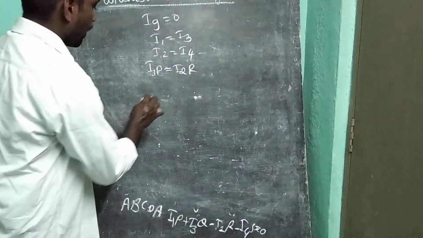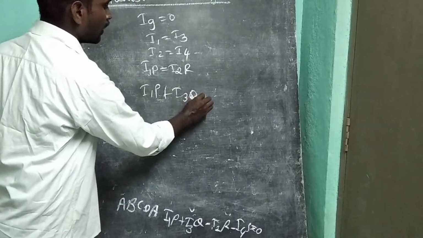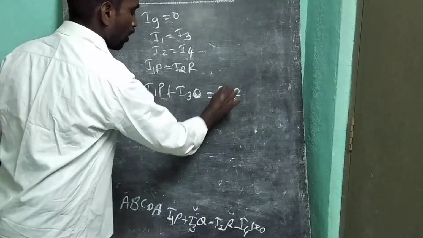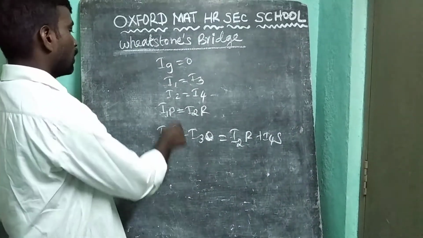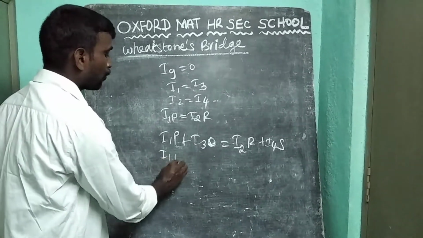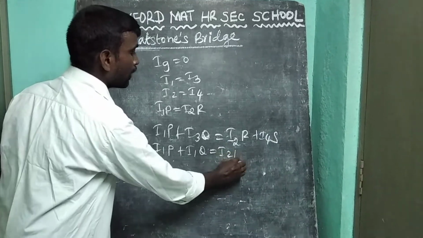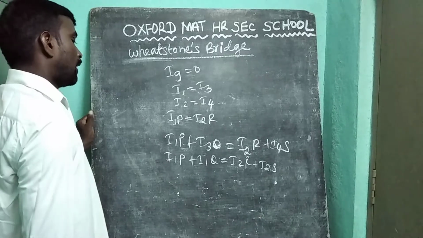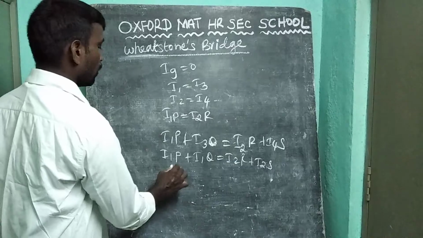Rearrange the equation: I1P plus I3Q, the entering current, is equal to I2R plus I4S. Substitute I1 equal to I3 and I2 equal to I4. So finally I1P plus I1Q is equal to I2R plus I2S. Divide this equation by I1P on the left and I2R on the right.